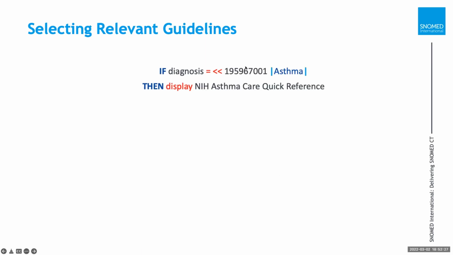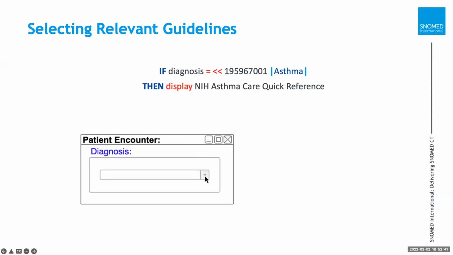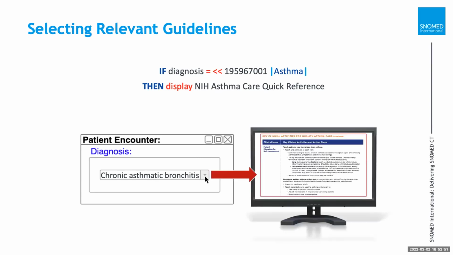If the diagnosis is asthma or any subtype of asthma, then display this asthma care quick reference. And that could be a hyperlink or just a link to that document. So in practice, when a clinician records a concept which is a subtype of asthma, so it's within this expansion, then the actual clinical guideline would be populated.